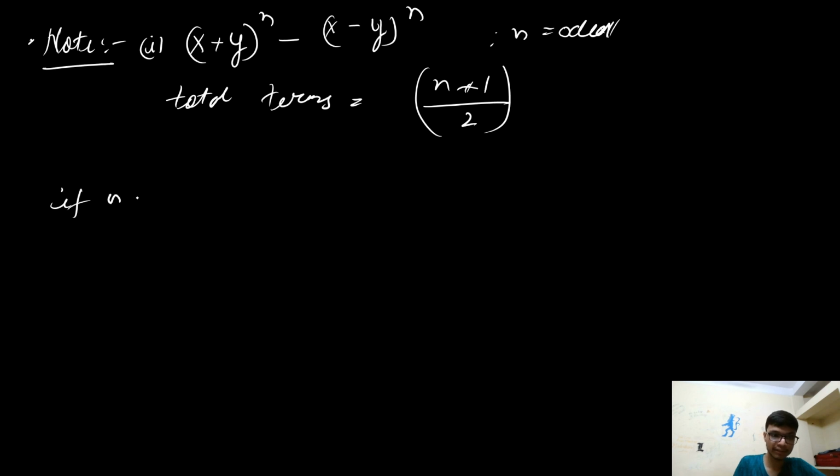Similarly, if n becomes an even number, then you have n/2 + 1 terms in this particular expansion of this binomial relation.